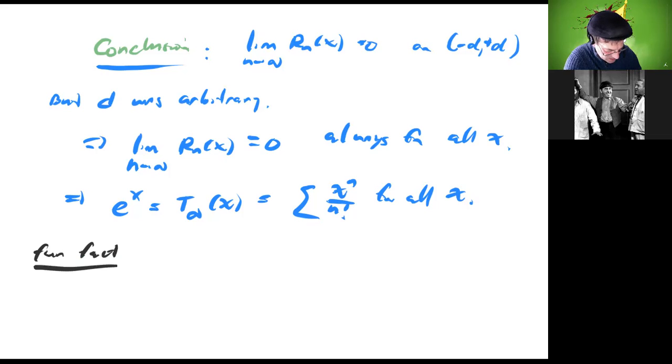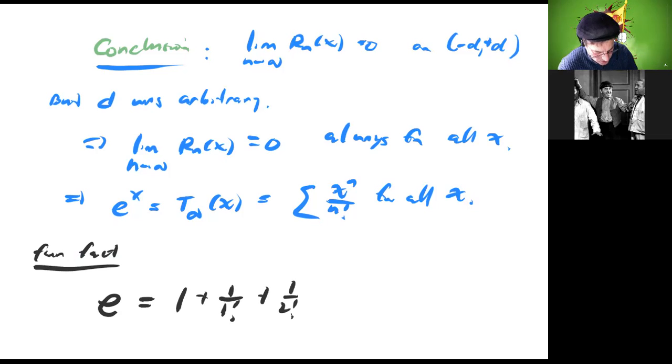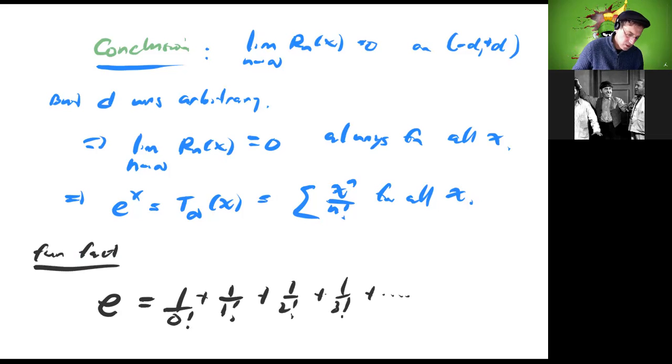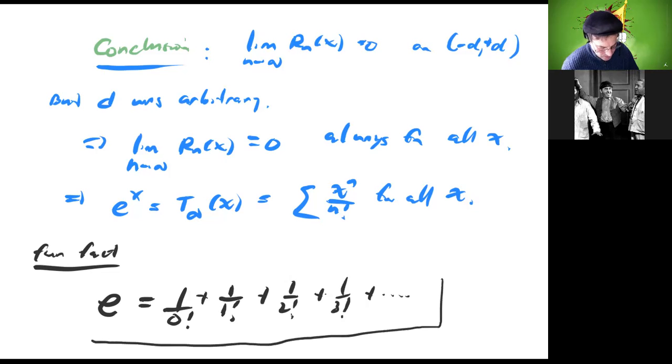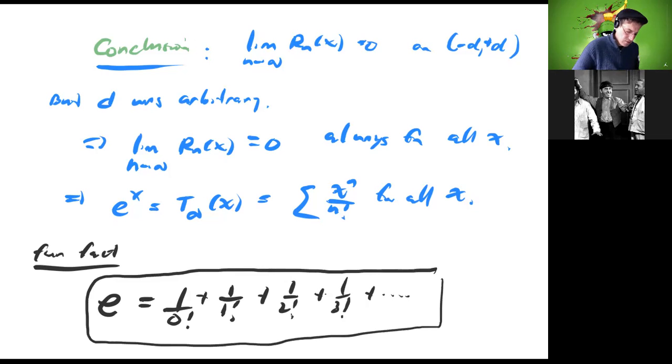We can set x equal to 1, and the left side is e to the power of 1, which is e, given by this series: 1 over 1 plus 1 over 1 factorial plus 1 over 2 factorial plus 1 over 3 factorial, etc. In fact, you could put 0 factorial at the start if you want, because 0 factorial is 1. This gives you this very strange number e as a sum of reciprocals of all the factorials. That's an amazing formula.